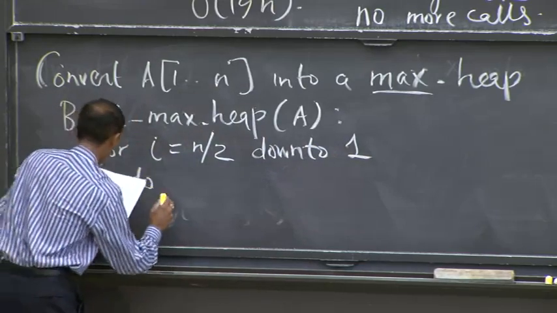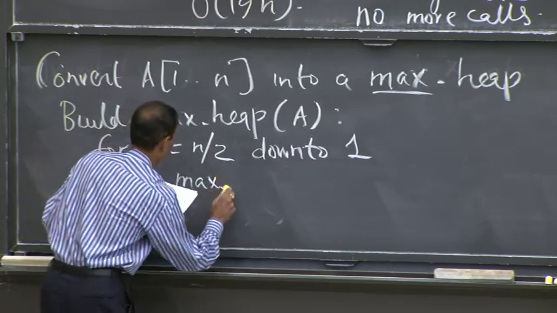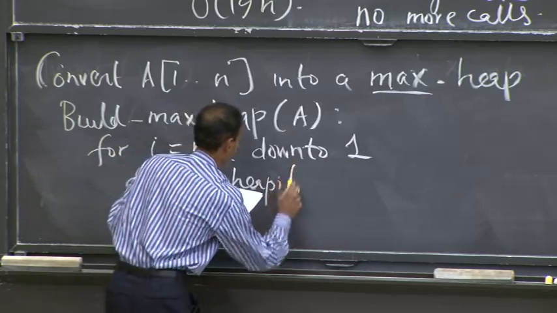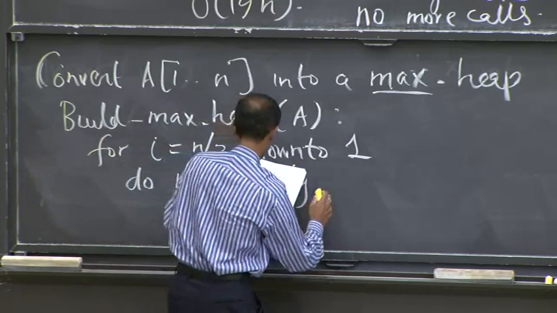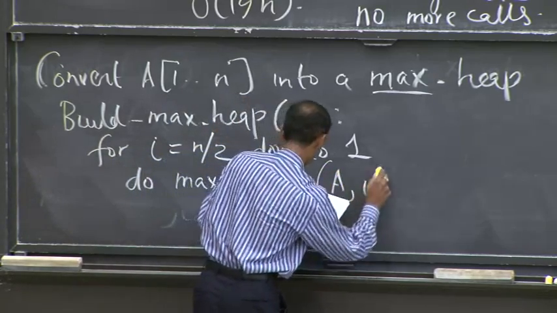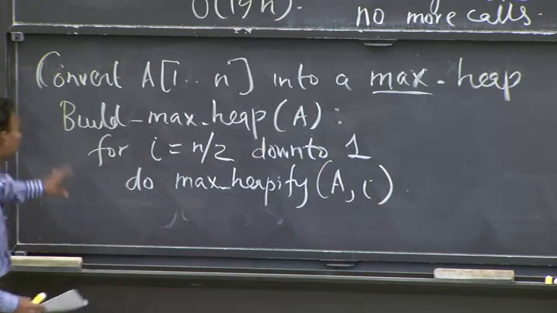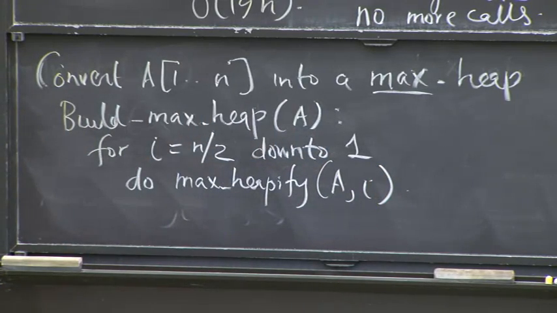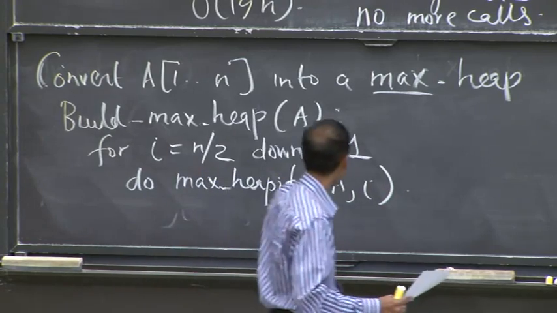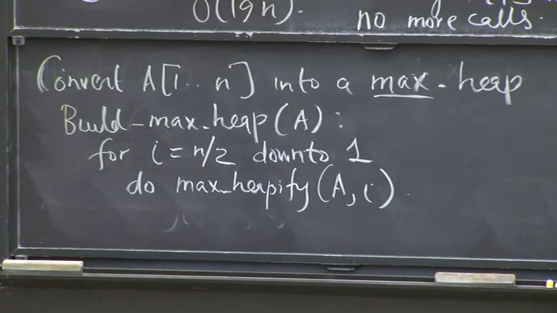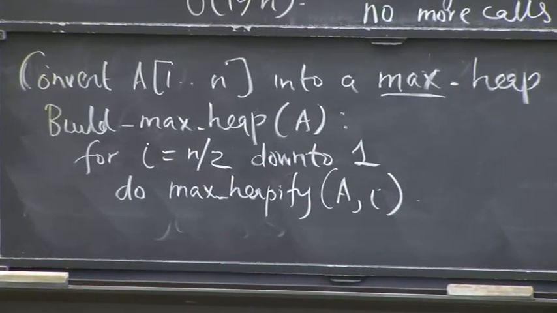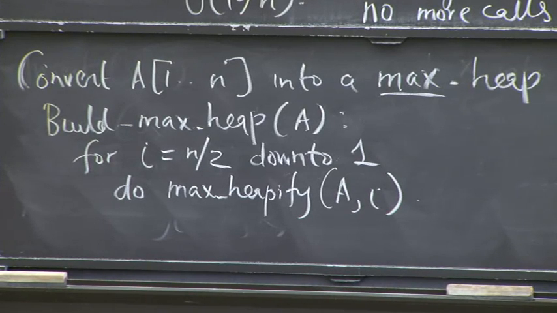And this is what it looks like. All right, that's it. Build max heap says go from i equals n by 2 down to 1, okay? Max heapify A of i.